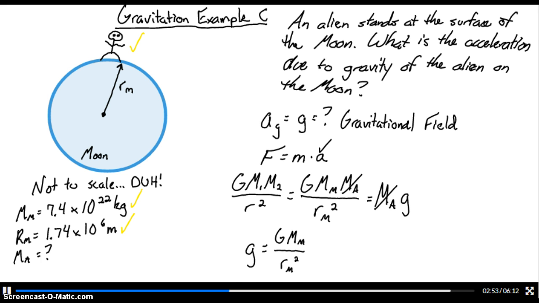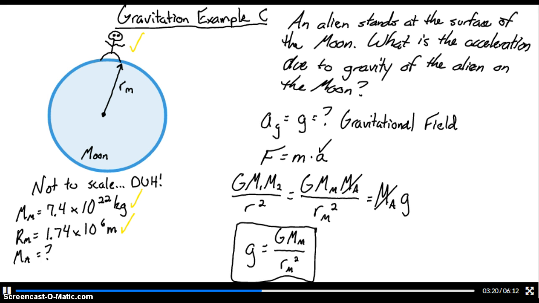This is another equation that you're going to need to remember, not necessarily just for the moon, but for any object. To calculate the acceleration due to gravity, g is equal to the gravitational constant, capital G, times the mass of the object you're standing on over the radius of that object squared.